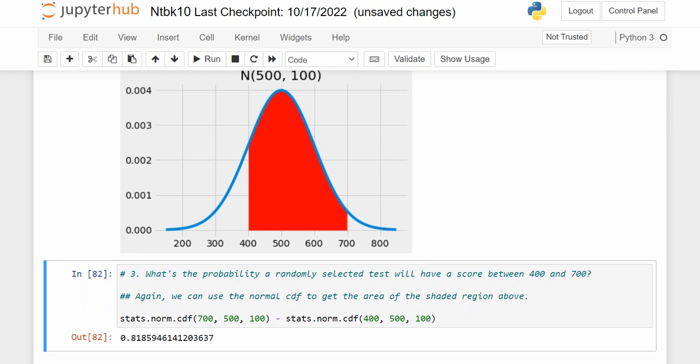What percentage of the area under the curve is shaded? It turns out that it's about 82%. 81.859 is the exact percentage. So about 82% of the area under the curve is shaded red. So the probability that a randomly selected score falls between 400 and 700 is about 82%.